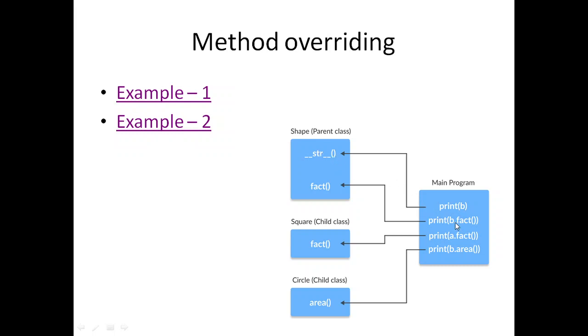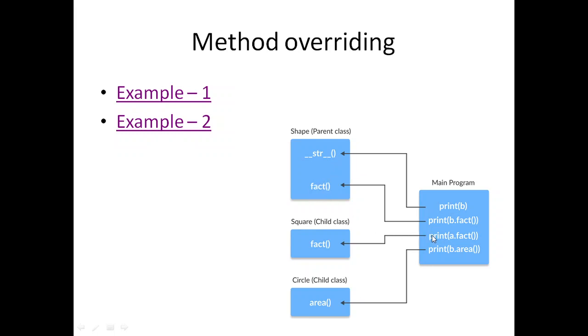Then print b dot fact: even though it is an object of the circle class, there is no fact inside the circle, so it will invoke the parent fact method.